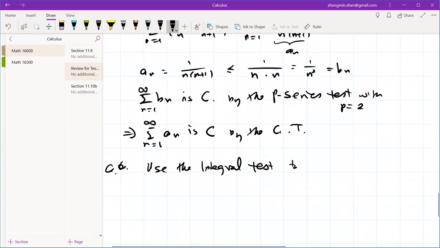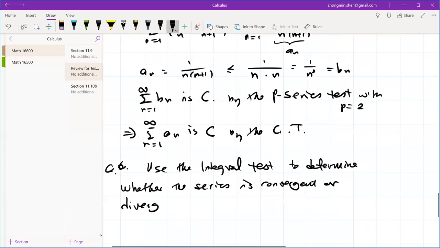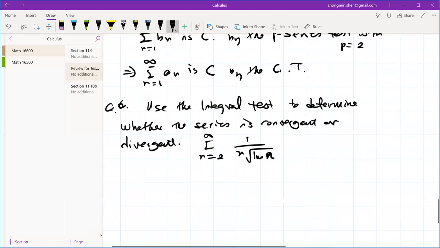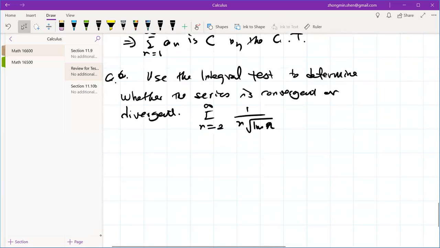Use the integral test to determine whether the series is convergent or divergent. To me, I think it's clear it's going to be divergent.